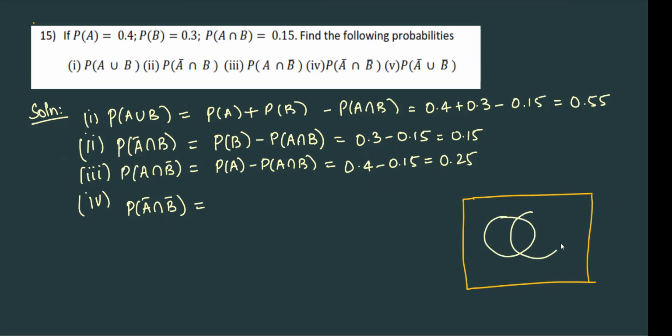This is A, this is B, A bar. I will mark with, say, orange. This is A bar, not A. Intersection not B. Now, that which is not B, I will mark with green.